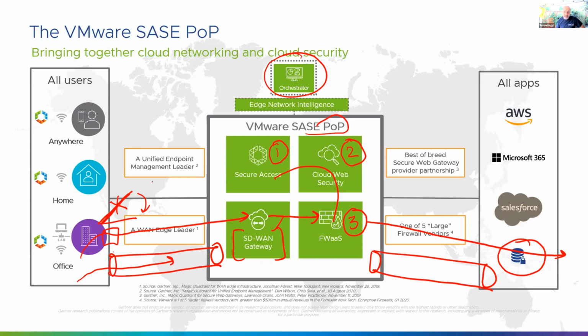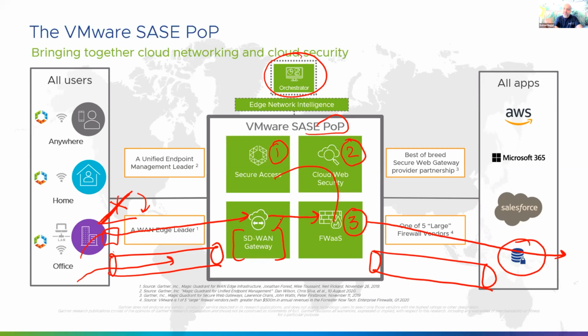If you have a SaaS application, then the user traffic path would be different. It will go from your branch office to the SD-WAN gateway, then to the cloud web security, and then to the destination. So the key here is these 4 key elements: secure access, cloud web security, and firewall as a service as part of the security piece, and networking, the SD-WAN, all offered in a single stack for VMware SASE.